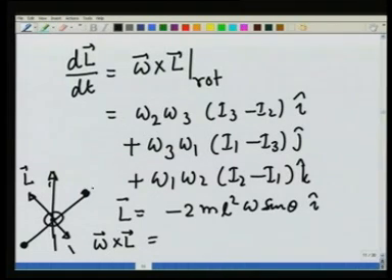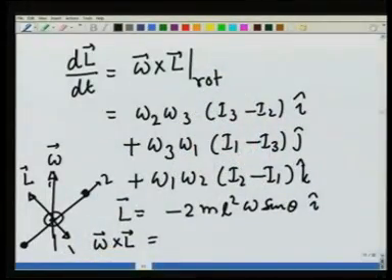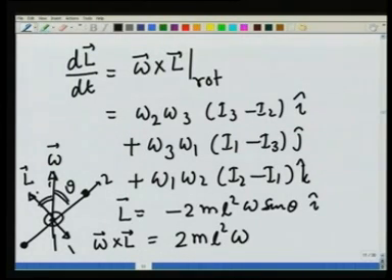This was 1, this was 2 and 3 was coming out. Its magnitude is going to be magnitude of omega times magnitude of L times sine of this angle. This is theta, this is 90 minus theta, so sine of this angle is going to be cosine theta. You will see this will come out to be 2 m L square omega square sine theta cosine theta in the direction k.